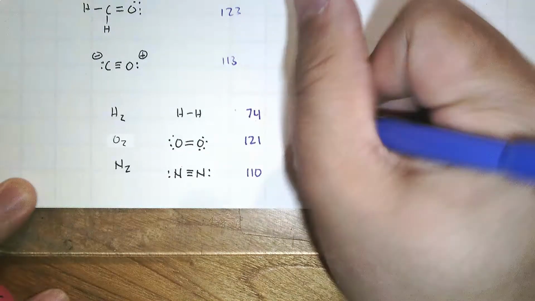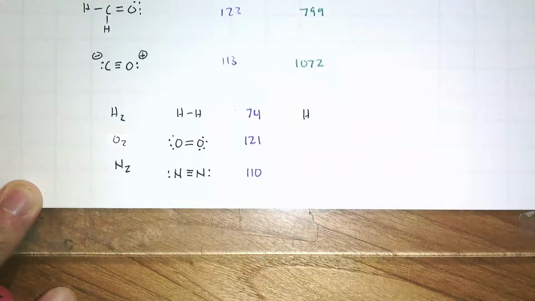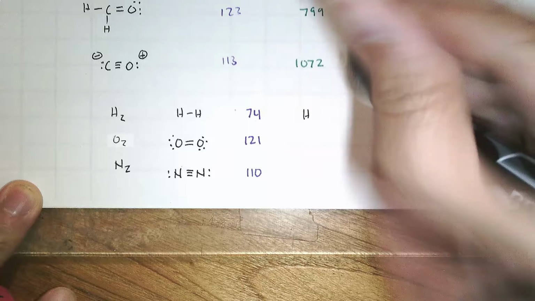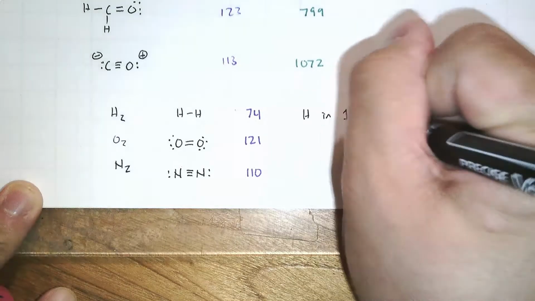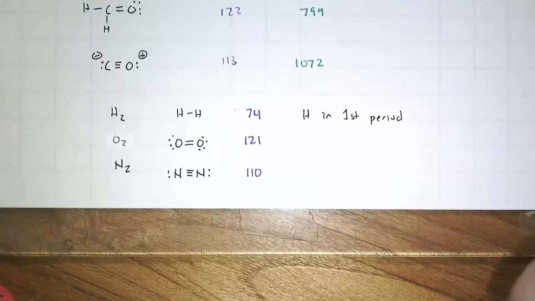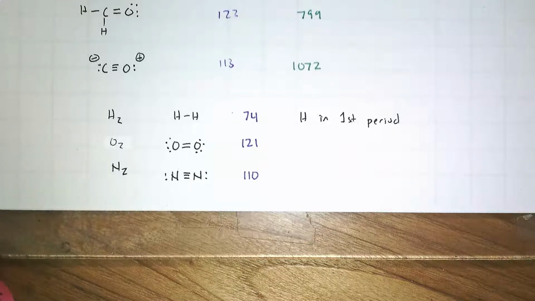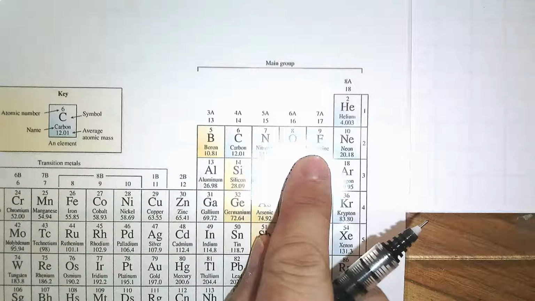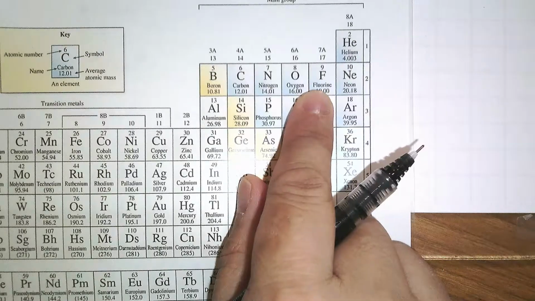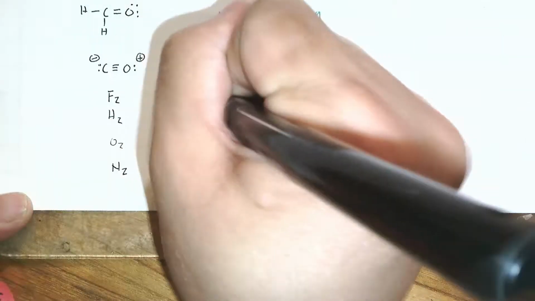It's because, I'm glad we went over this example, H is in the first period. We really should compare apples to apples. So nitrogen and oxygen are in period 2. Let me look up the bond length for diatomic fluorine, F2. And now we can compare apples to apples, hopefully.